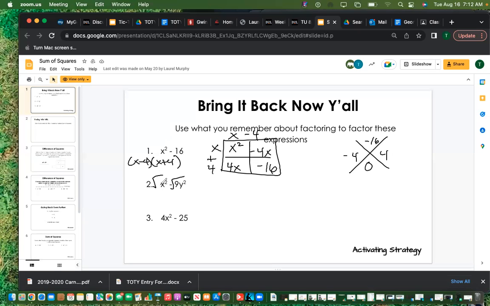What's the square root of x squared? X. So in my parentheses, I'm going to have an x here and an x here. What's the square root of 9? And then what's the square root of y squared? So I'm going to have an x plus 3y and an x minus 3y.